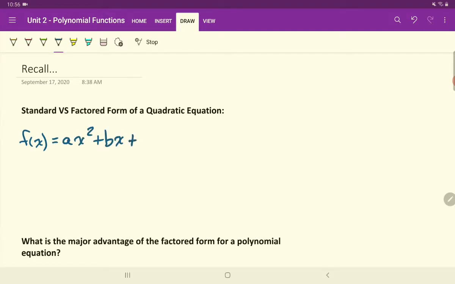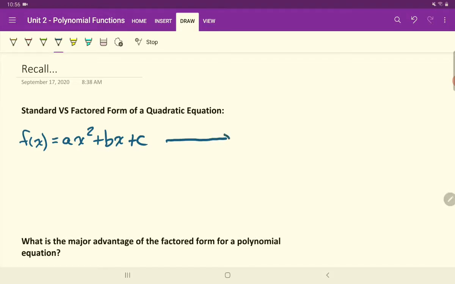Remember that the degree is 2, the highest degree is 2 for a quadratic, and you have these coefficients a, b, and c: a being multiplied to x squared, b being multiplied to x, and then a constant c.